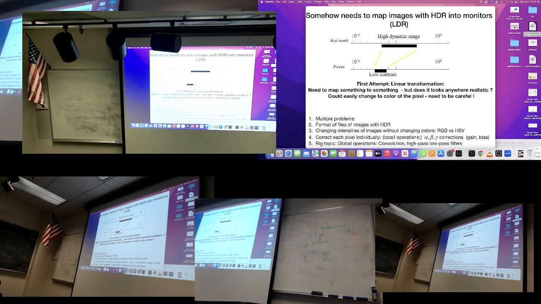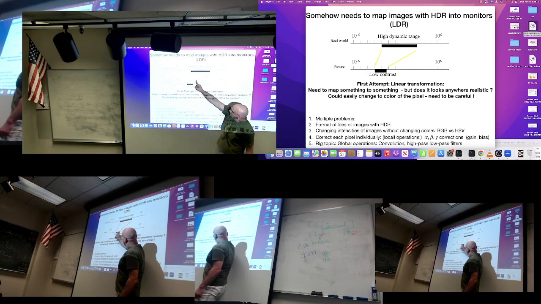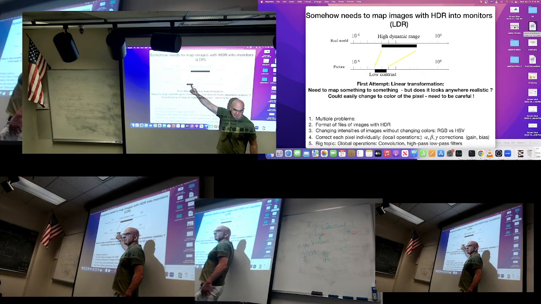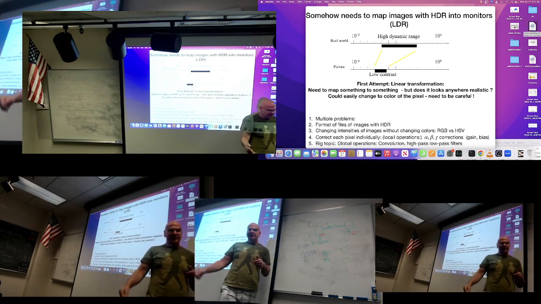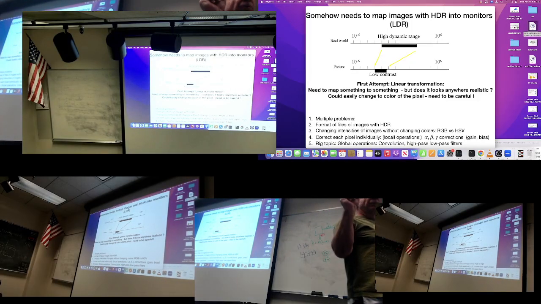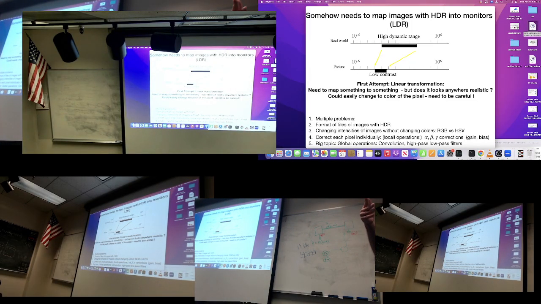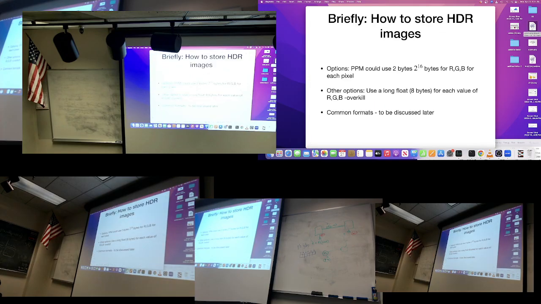They take one value of a pixel here and map it to one value of a pixel there using alpha, beta, gamma, but looking at these pixels, they couldn't care less about what the neighboring pixels' values are. And then we'll talk about global operations, and talk about high pass and low pass filters while doing so. So it's going to be quite interesting.